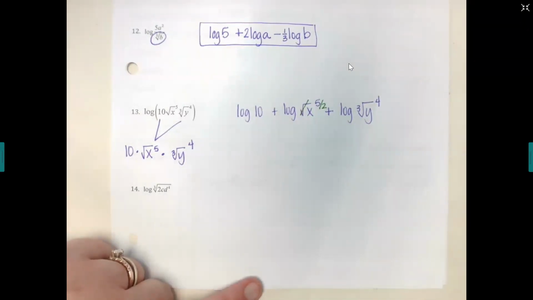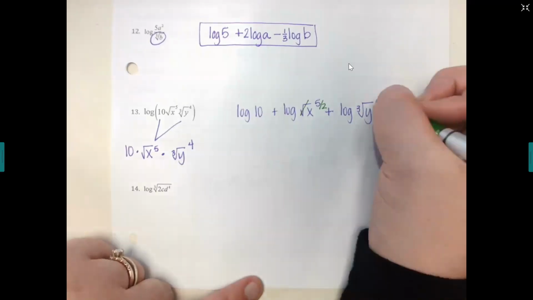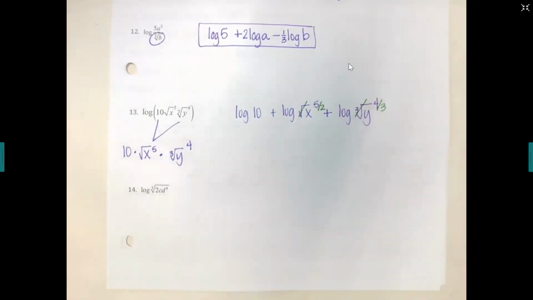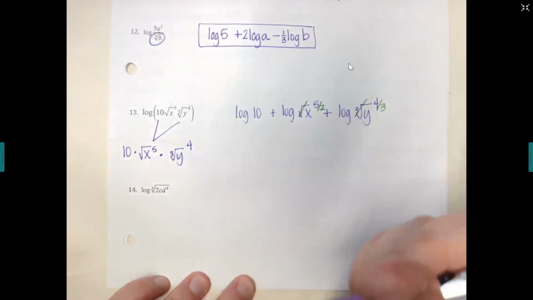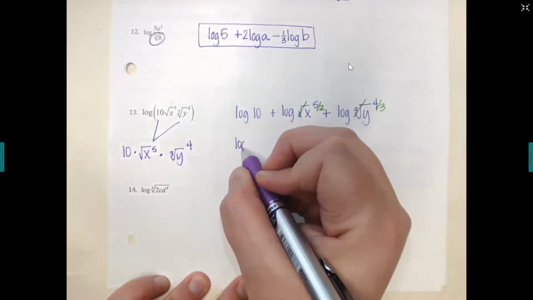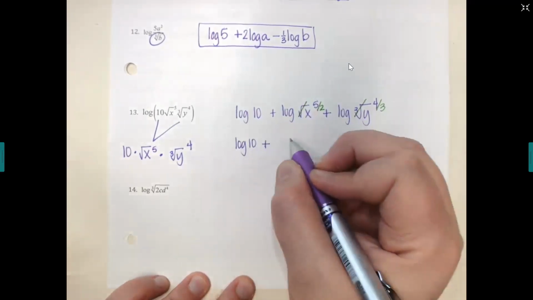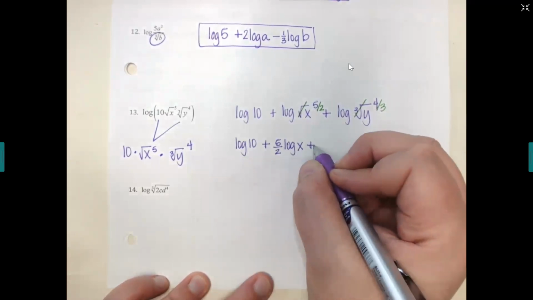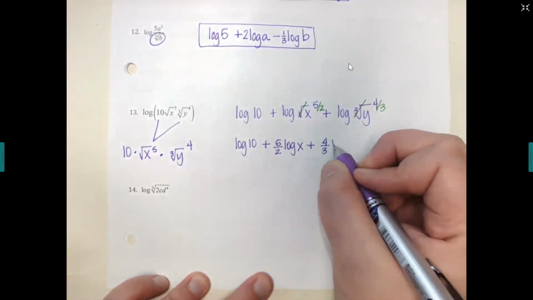Cubic root y is really what power? A 1/3. Then I'm going to cross out the cubic root and put the 3rd on the 4. That way, this is kind of like a package that you can move to the front together. So your final answer would be log 10 plus 5/2 log x plus 4/3 log y.